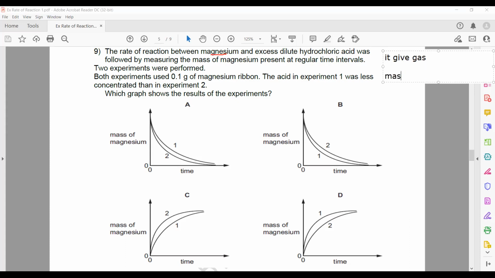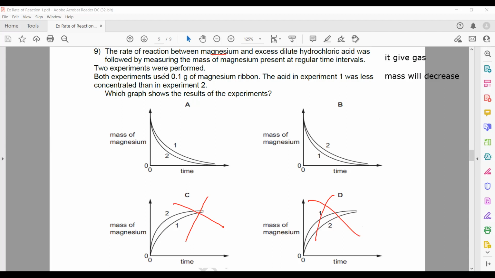The mass will decrease. So C and D cannot be an answer. Why? Because in C and D, the mass is increasing, but when metal reacts with acid, the mass decreases.